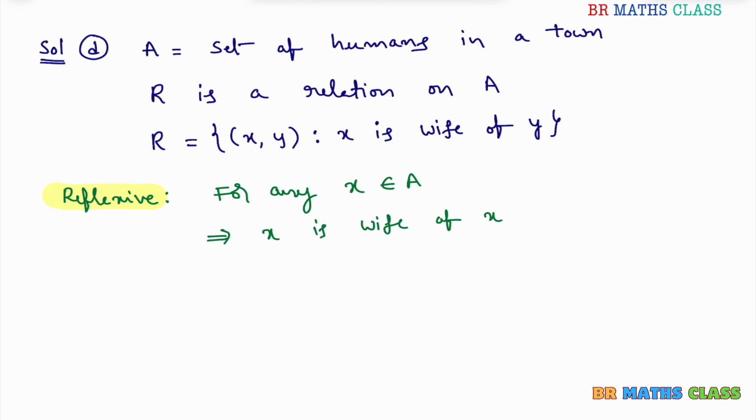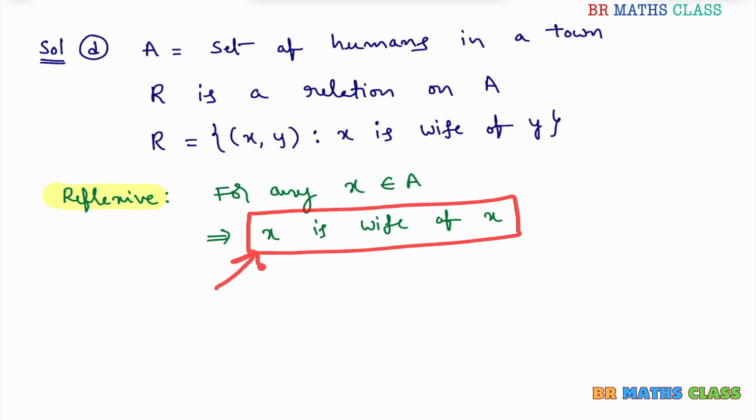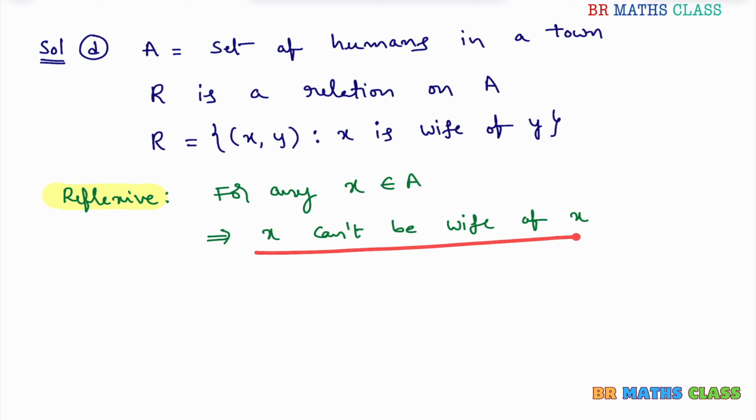You observe, x is wife of x. How funny it is. Is it possible that any person is wife of oneself? No, it's not possible. x cannot be a wife of x.